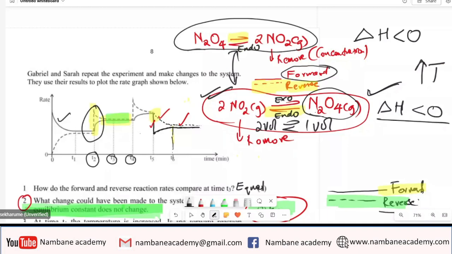So now, once we start at the beginning, the reverse will be N2O4, and the forward direction will be NO2.